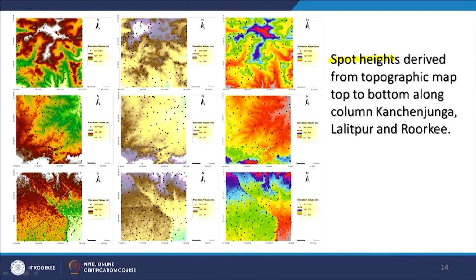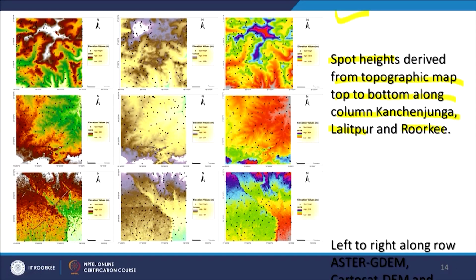So, these spot heights, which are available on survey topo sheets, we have derived from top to bottom. The Kanchenjunga area is the top one, then the less undulated area, the middle part of the Bundelkhand region, and the lower one is just a flat part of the Indo-Gangetic plain, around Roorkee.